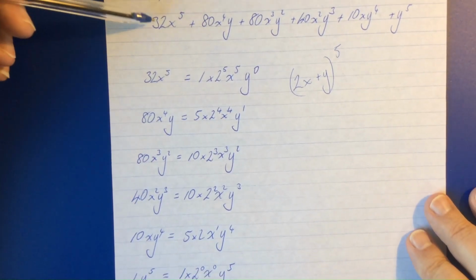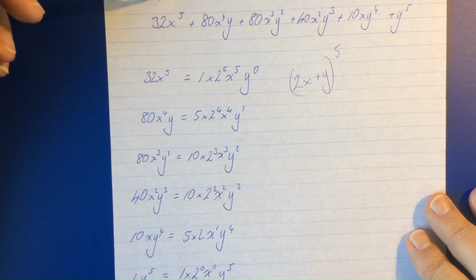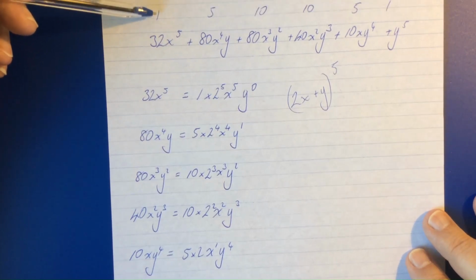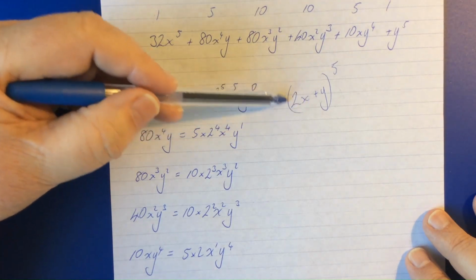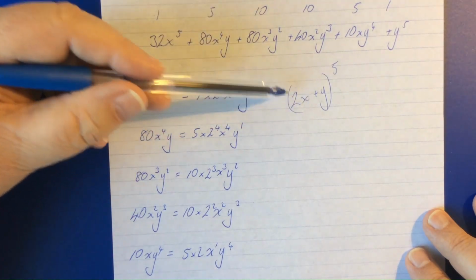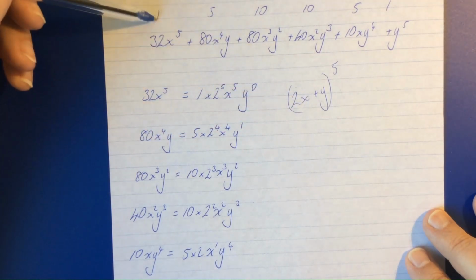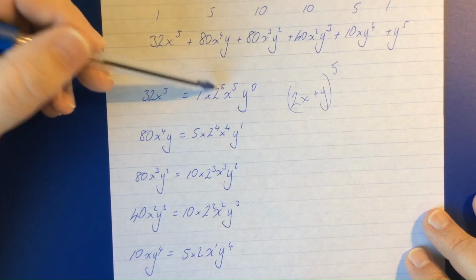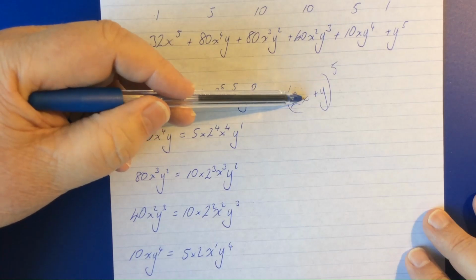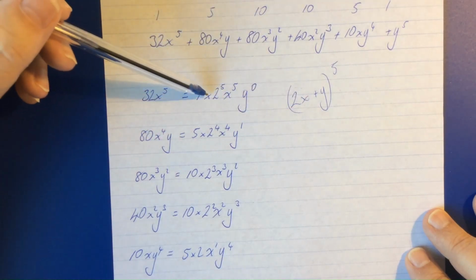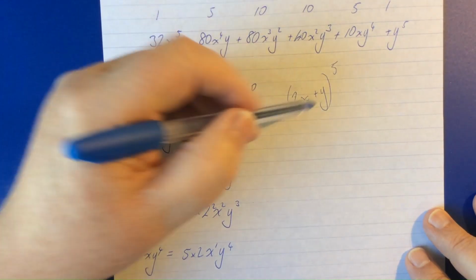Okay, so the first expression here, using Pascal's triangle, we have a multiplier for the coefficient of whatever the expression of x is. In this case it's 2x. So we have 1 times 2 to the 5th x to the 5th.